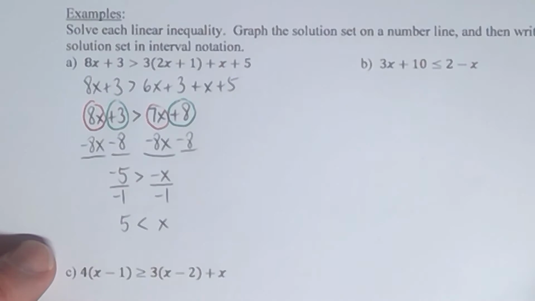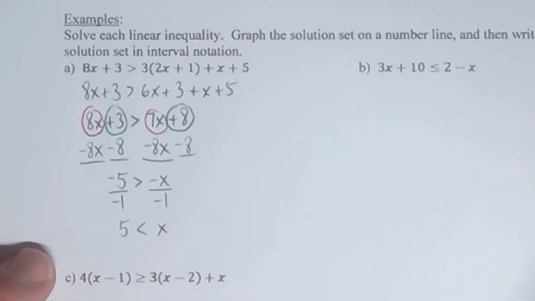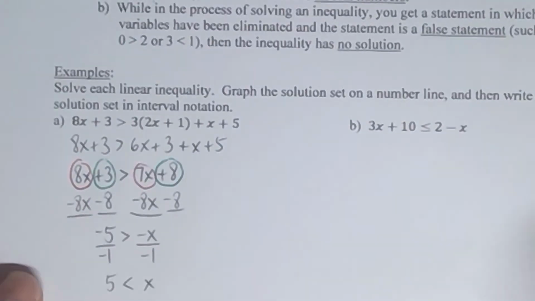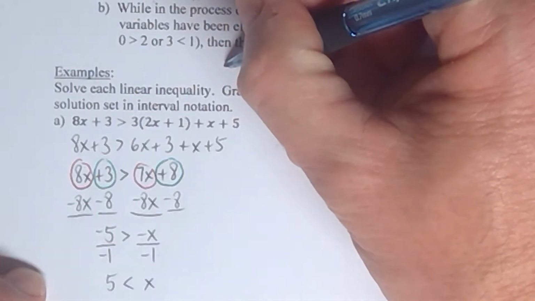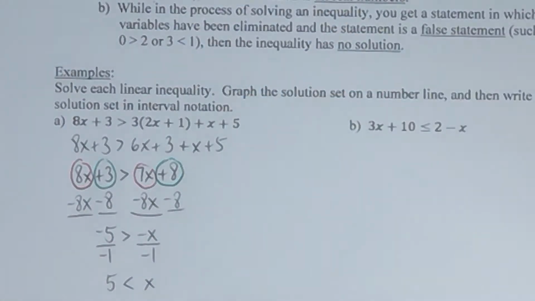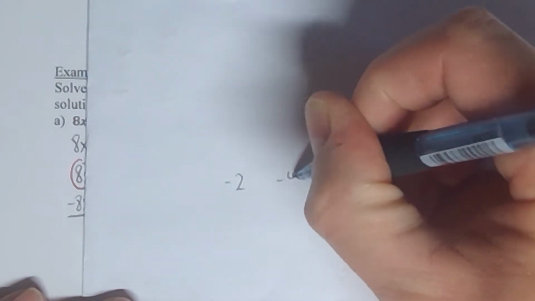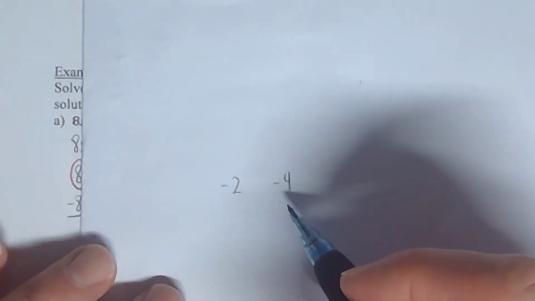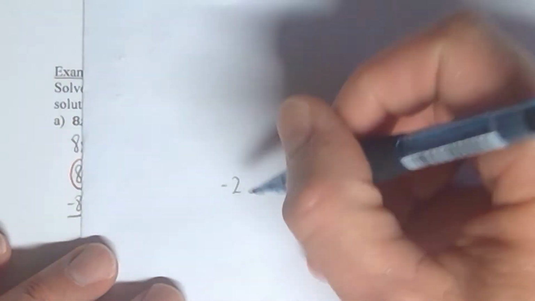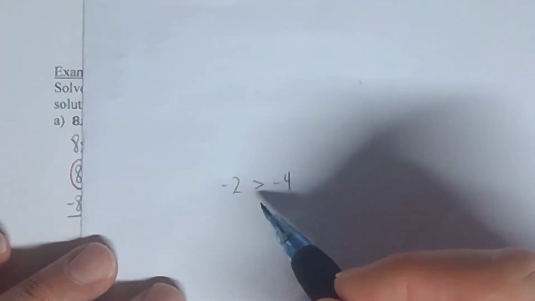Why does this happen? Okay, let's talk about that for just a moment. You don't have to write this part down. This is just an explanation to help you understand why. Let me put it on a separate thing here so you can see it. Look at these two numbers right here, you guys. This is not an equation or inequality. There's no variables here, but this is just to make a point. We know that negative 2 is greater than negative 4, okay?